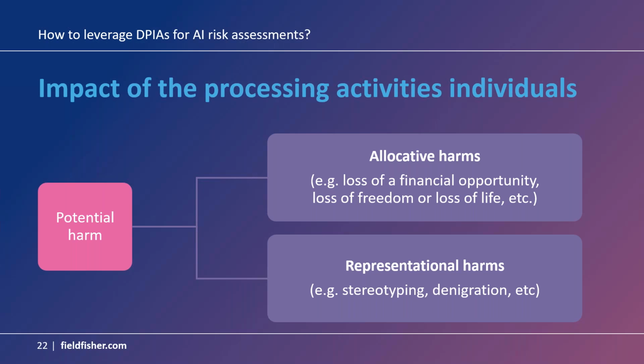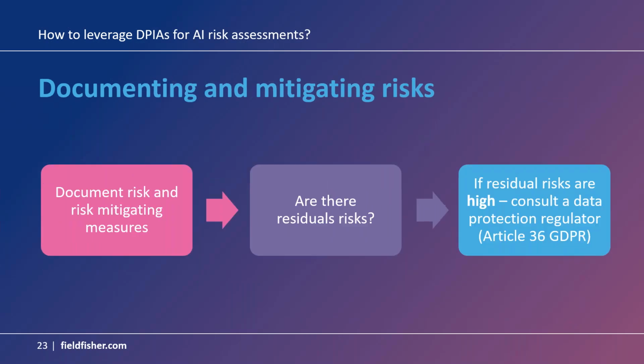The latter is particularly relevant to the training of AI systems and to considerations relating to measures used to remove bias from data sets. All this process has to be documented. So next slide, please.